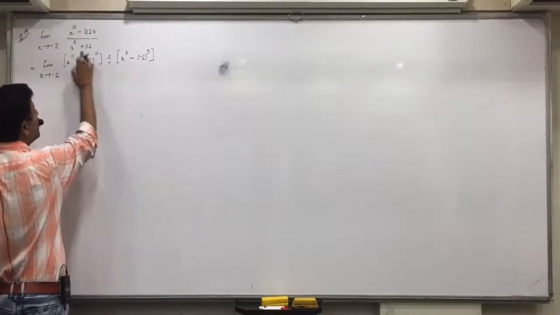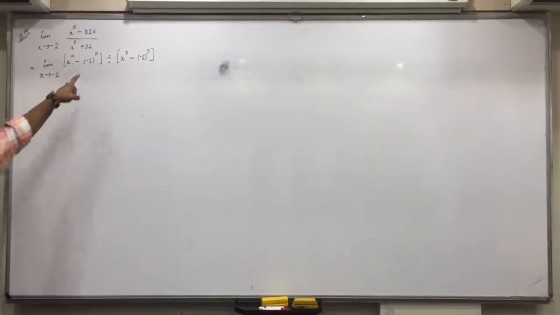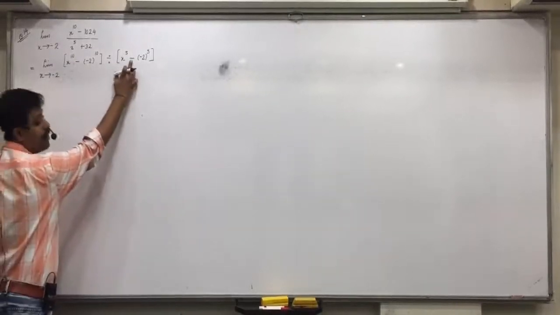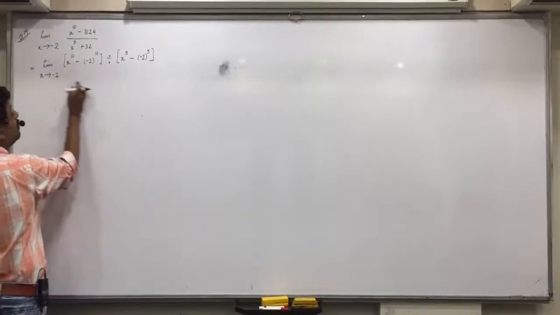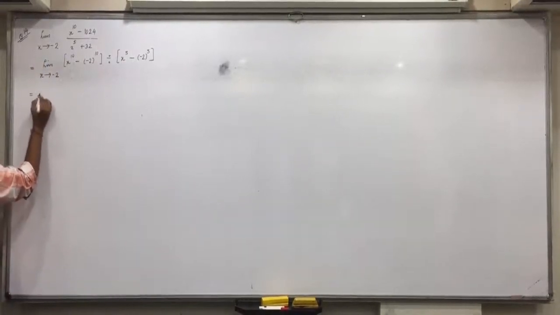So minus into minus would become plus. Means minus 2 raised to 5 is minus 32, and minus 32 will become plus. It will always come correct, don't think. You just write in between minus. Then this number raised to this power, this number raised to this power. Is everyone clear with this? Now, next step.